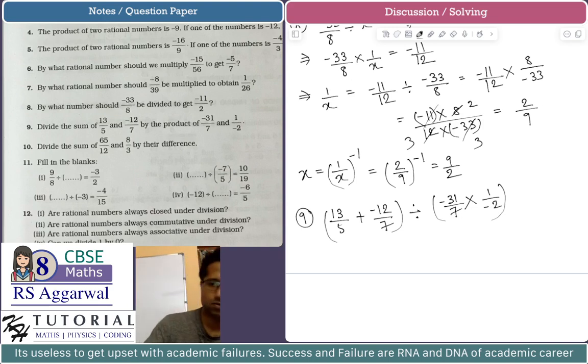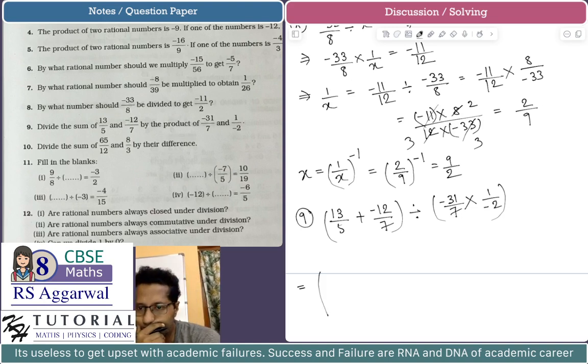Okay, so now how do we do this? If we apply the BODMAS rule, we always evaluate the brackets first. So let's evaluate the first bracket, which is a sum of two rational numbers. The LCM of 5 and 7 is 35.